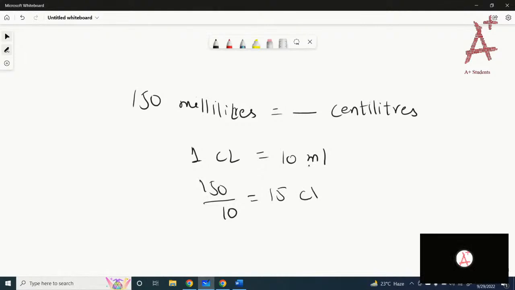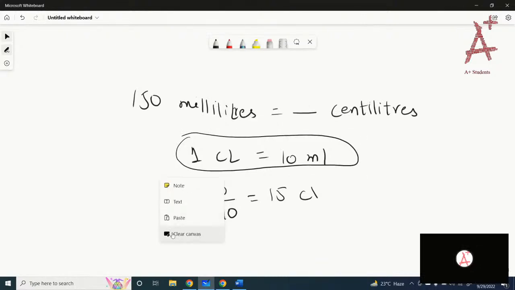That means 150 milliliters equals 15 centiliters. Got it? This is the conversion factor basically. You can note down these important points in your notebook. They are very helpful when you are doing test questions. Got it?